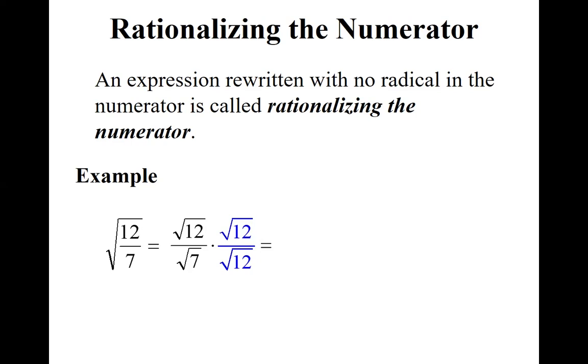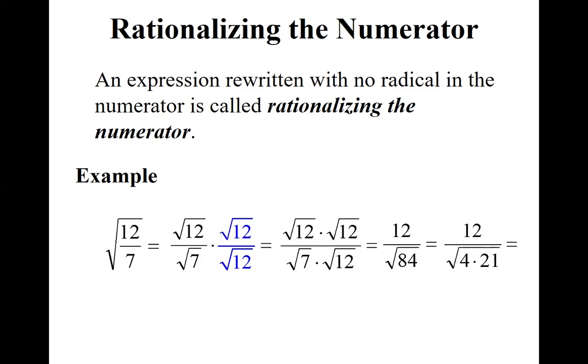Radical 12 times radical 12 on top gives us 12. On the bottom, we have radical 7 times radical 12. That's radical 7 times 12, radical 84. 84 is 4 times 21. Radical 4 times radical 21 would be 2 radical 21.